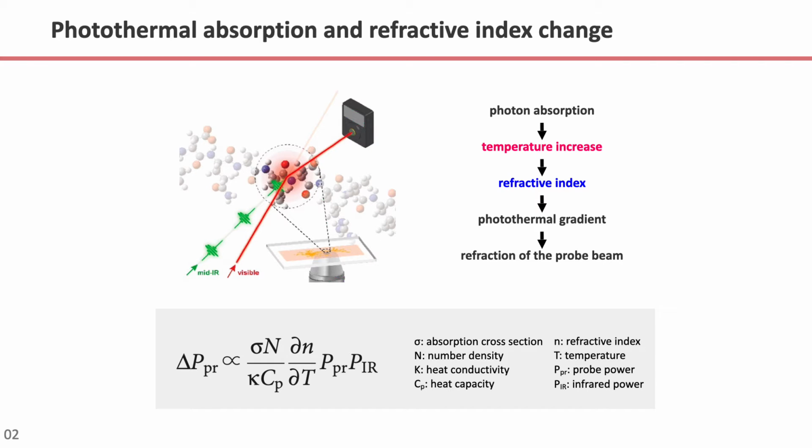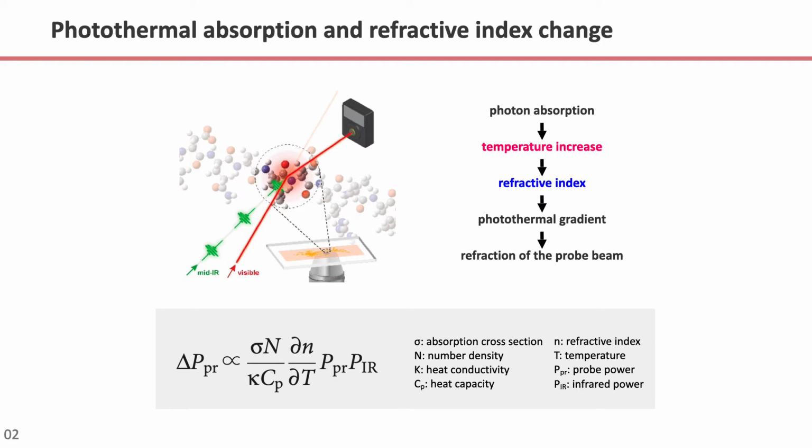Now, let's talk about the actual experimental method. As the material properties do not change, the laser light keeps its original direction. However, as shown in the figure here, if the temperature is changed by the IR absorption, the light path is deflected. Then we can catch that with the photodiode detectors.